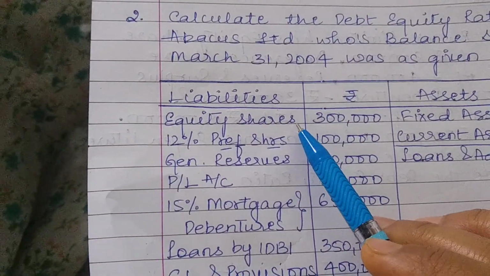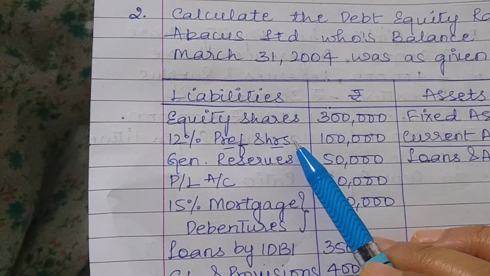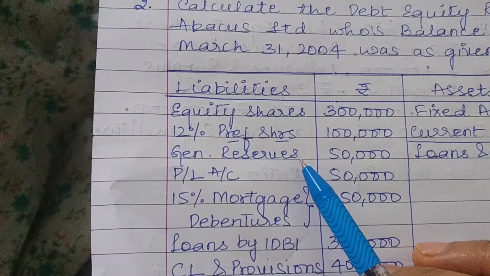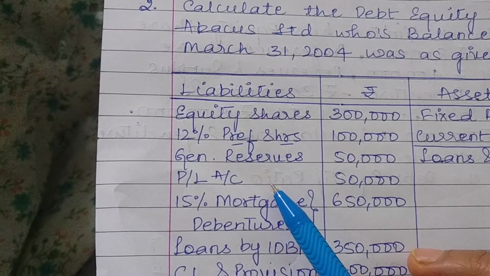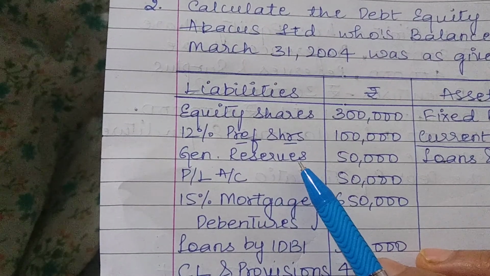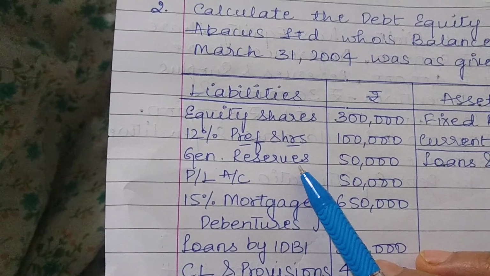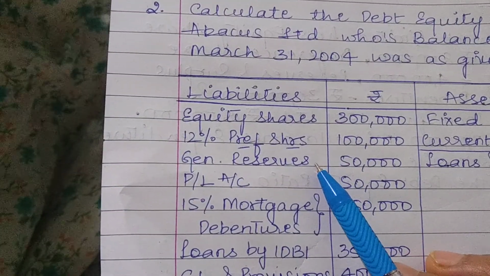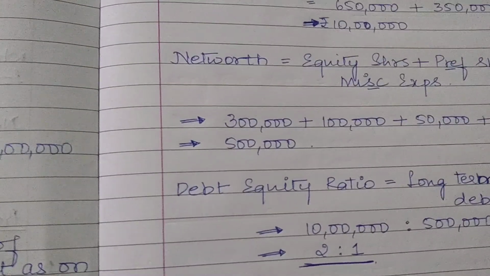Coming to your net worth, you will take your equity shares, your 12% preference shares, your general reserves as your reserves and surplus, and the profit and loss account. So you should take these two also. Along with that, there are no miscellaneous expenses.